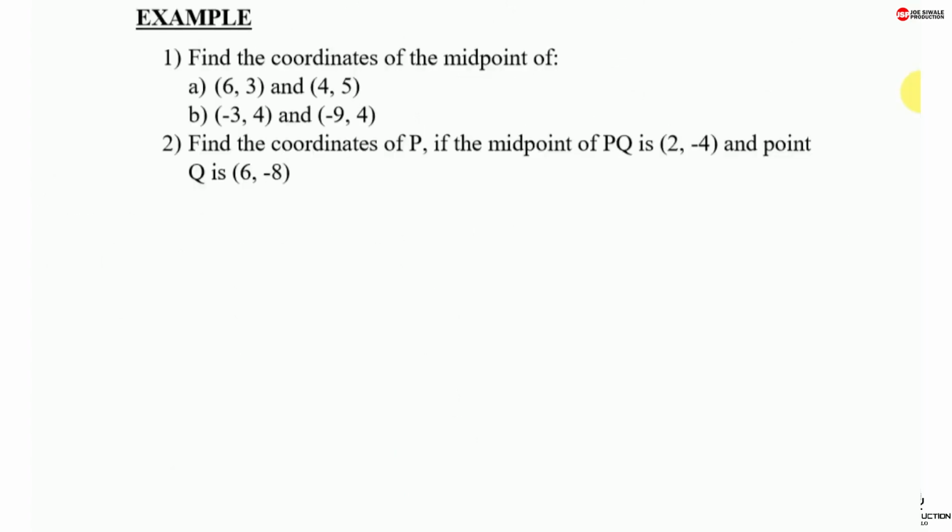Our example 2 reads, find the coordinates of P if the midpoint of PQ is (2, -4) and point Q is (6, -8). And from that question we're supposed to understand something.